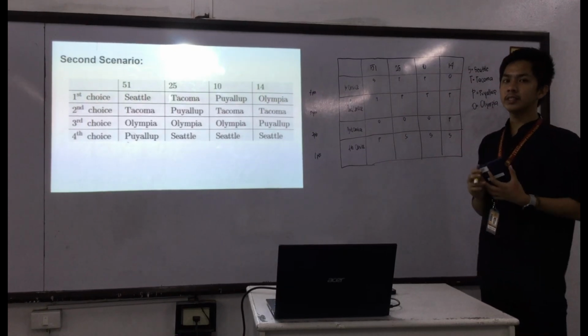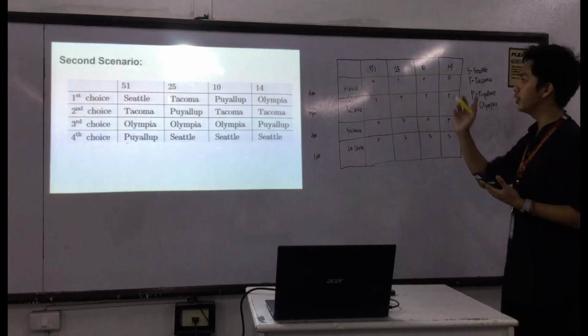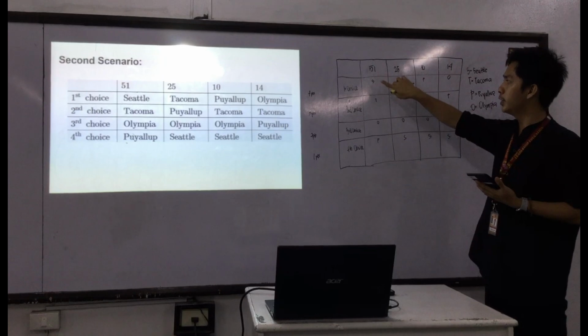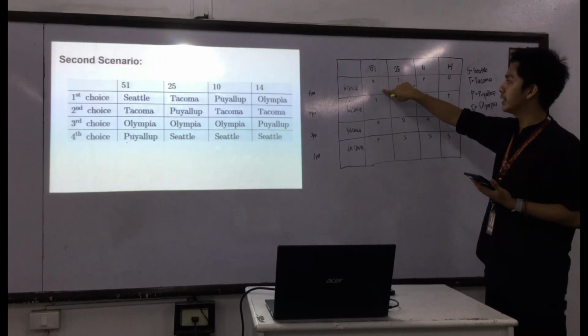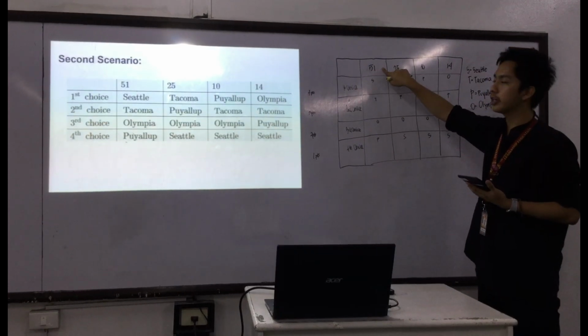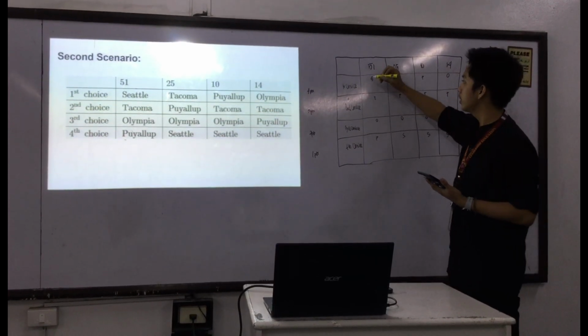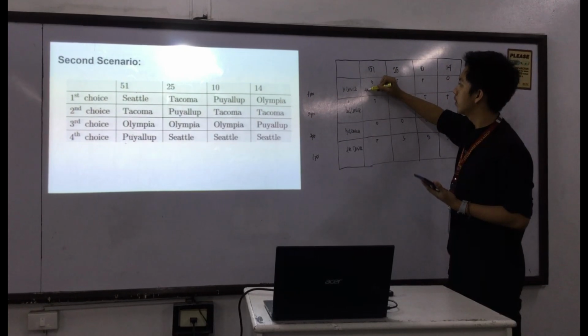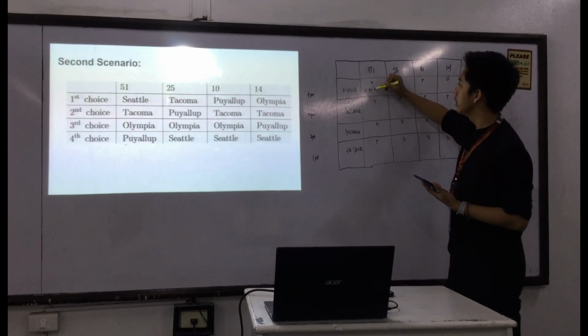Let's now proceed to the third step, which is we should get the product of this cell by multiplying these choices to the voters, which is 4 points times 51 is equal.